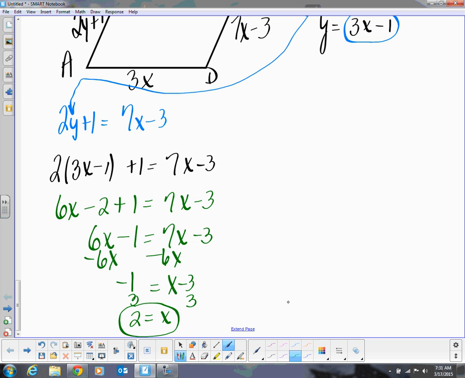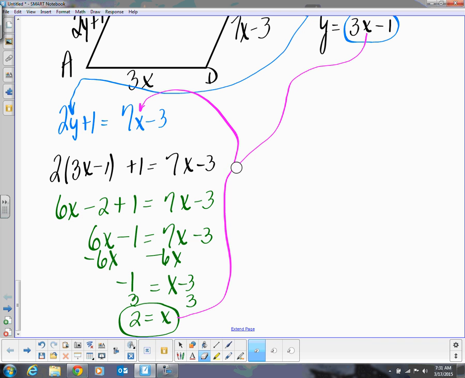Travis, how do I get the other one? Okay, I certainly can do that. So we're going to come over here. We're going to plug it right there. And when we plug it in, will we be able to find our y? For sure. So here we go.